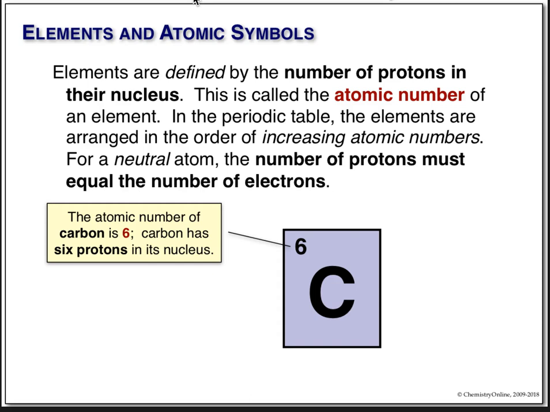This is the one thing that defines what an atom is. Carbon has 6 protons in its nucleus. Look at the periodic table here, you see the little 6 above carbon, that's its atomic number. Doesn't matter how many neutrons or electrons it has. If it has 6 protons, it's a carbon.